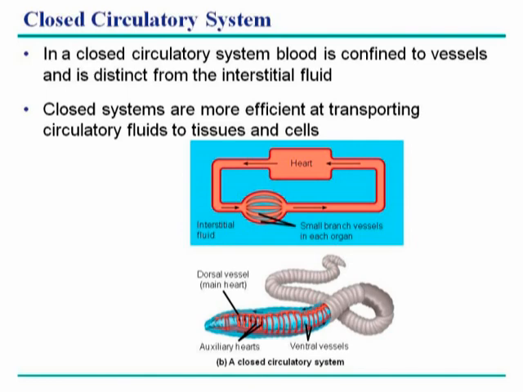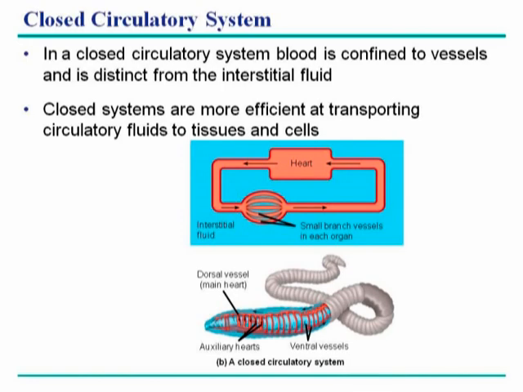You can observe in the picture how the heart pumps the blood into the blood vessels, and the blood continues in the vessels and returns to the heart again. You see that interstitial fluid is different from blood because they are separated by blood vessels.